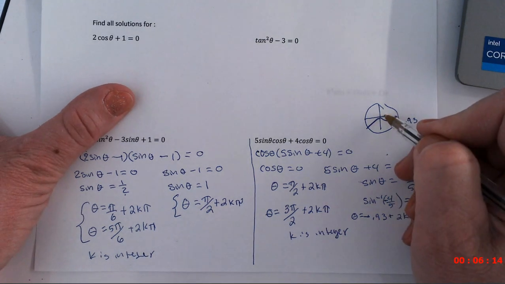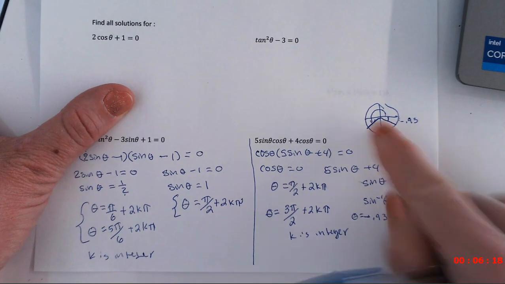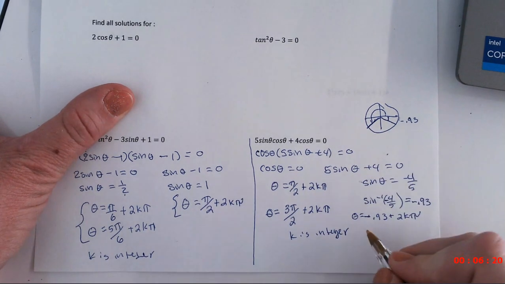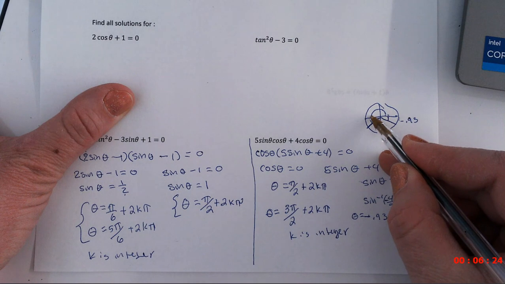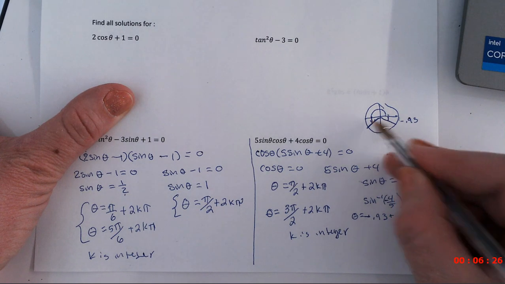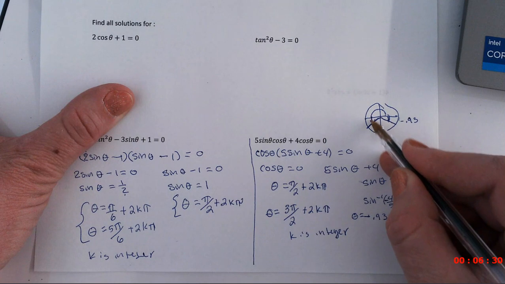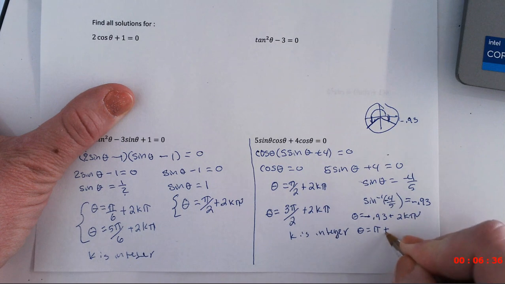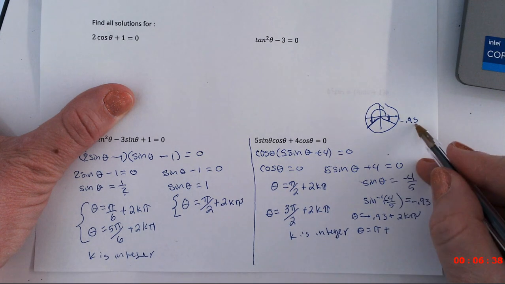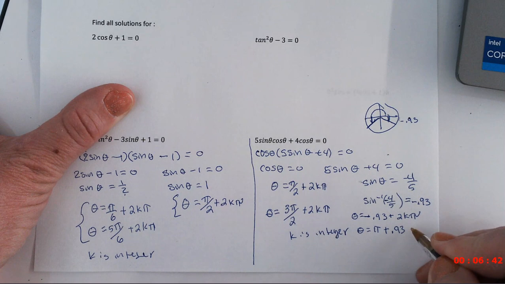So if I want to find that angle, to get my other solution, I can take pi, that gives me halfway, plus the reference angle, which would be the same size as this one, but of course it's adding a positive. So I'm going to take pi and add positive 0.93, or subtract negative 0.93.